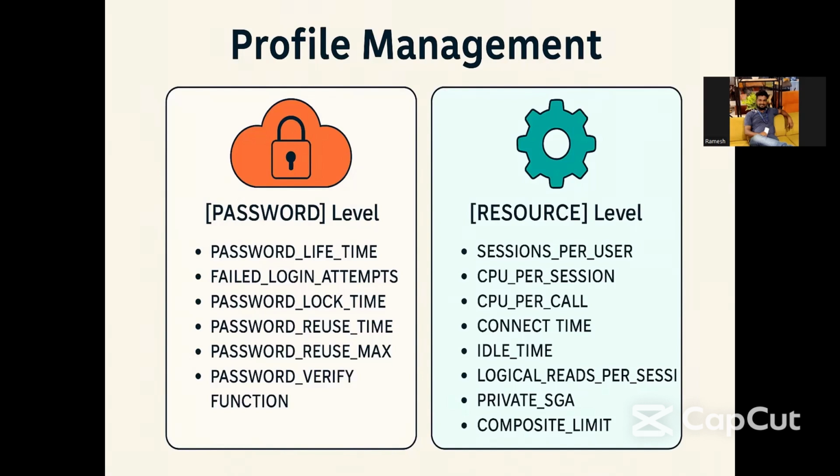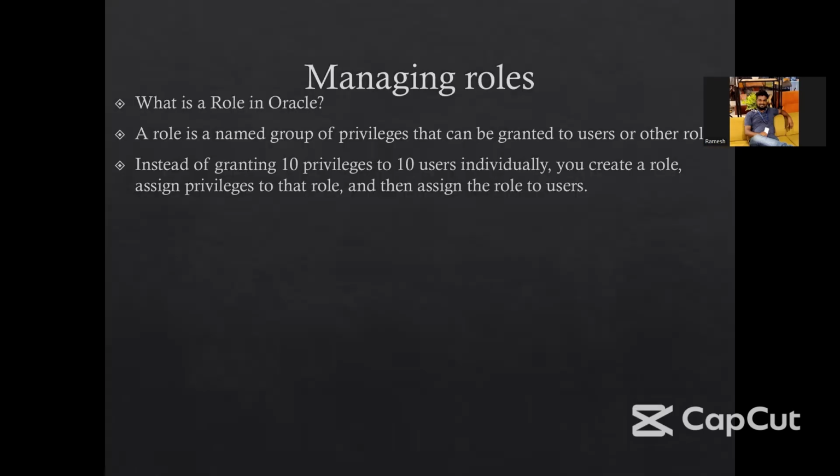We can set these limits higher as well. Then we mention CONNECT_TIME and IDLE_TIME, and LOGICAL_READS_PER_SESSION. You can read about these. So these are the resource level parameters. I will show some examples of both password and resource limits practically, in the next slide.